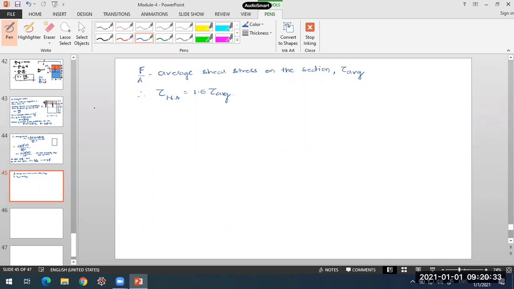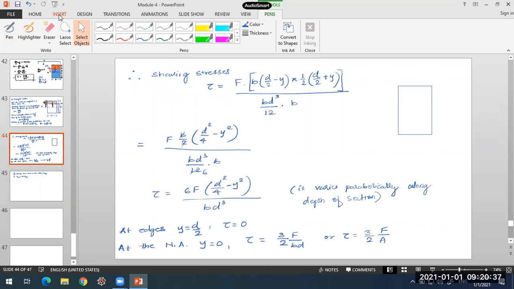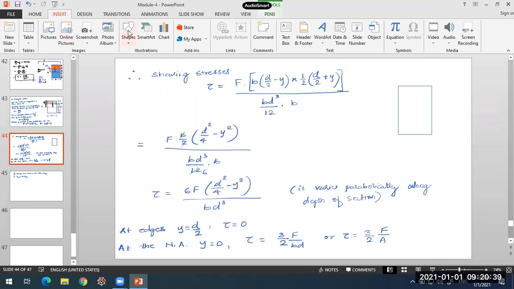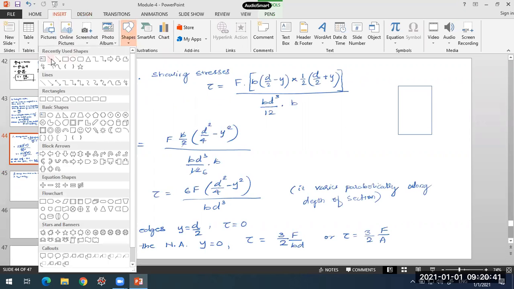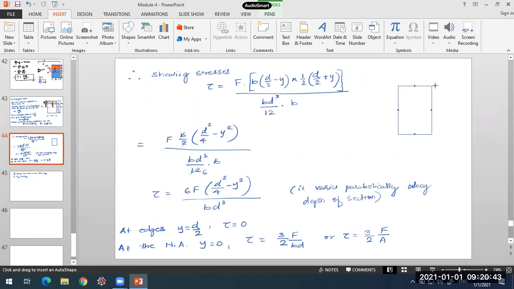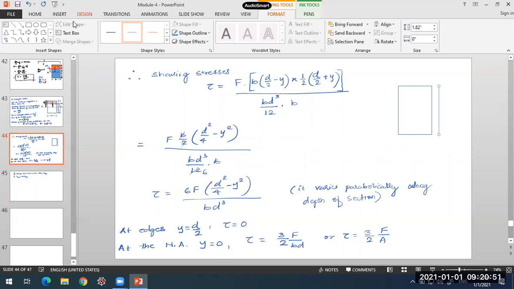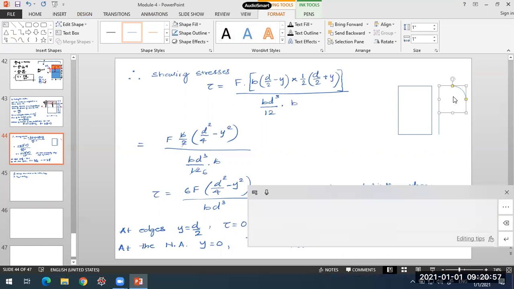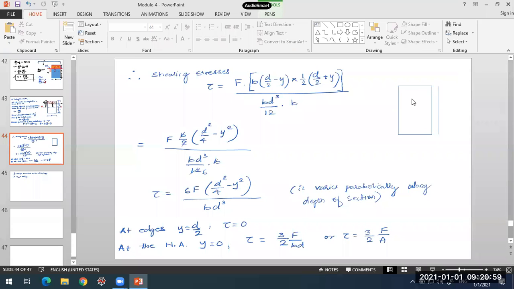Okay. Now, if you plot the variation, one more thing I want to make here is how the variation is. What we have noted here is that at the two edges the shearing stresses are 0, and at the neutral axis we have the shearing stress as 3 by 2 times the average shear stress.